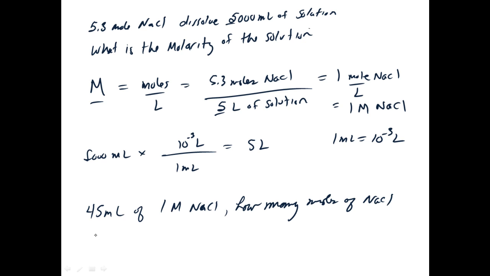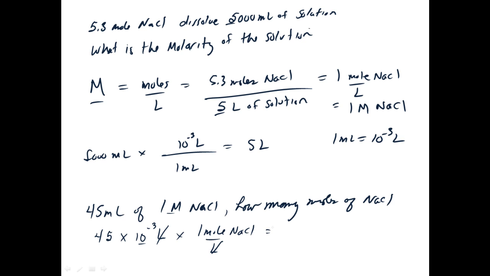Well, the 45 milliliters, you need to convert that to liters first. Here's the fast way to do this. 45 milliliters means 45 times 10 to the negative third liters. Milli means 10 to the negative third. And if I multiply that by the concentration of 1 mole per liter, the liters will cancel out here, and I'll be left with moles of sodium chloride.